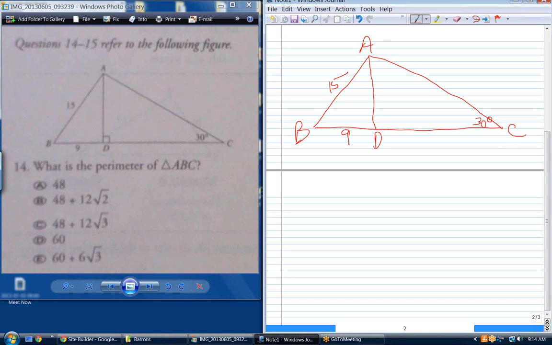Okay, and it looks like A and D would be 12. Solve that triangle there. Since we need the perimeter of ABC, we're going to need DC and we're going to need AC. So you have enough information on this ADC triangle to solve for both sides.